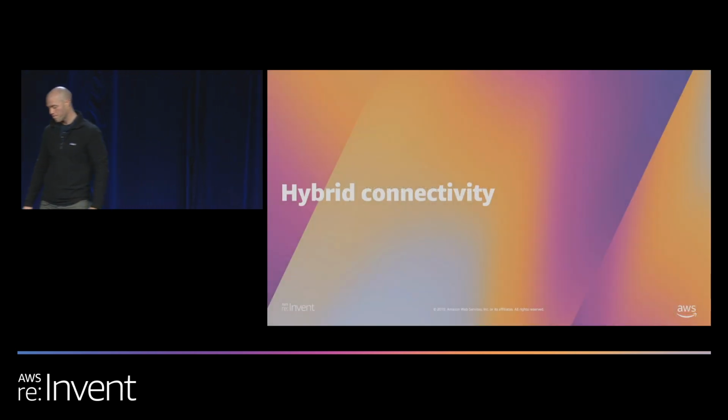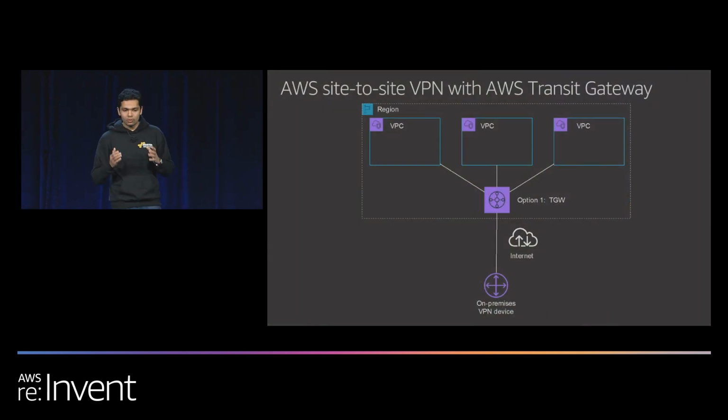Cool. So now let's cover some of the hybrid connectivity model and the options that you have with AWS today. Let's start off with AWS site-to-site VPN connectivity. The first option is to terminate your site-to-site VPN connection on a transit gateway, which is a regional service, and then transit gateway fans out connectivity to thousands of VPCs.